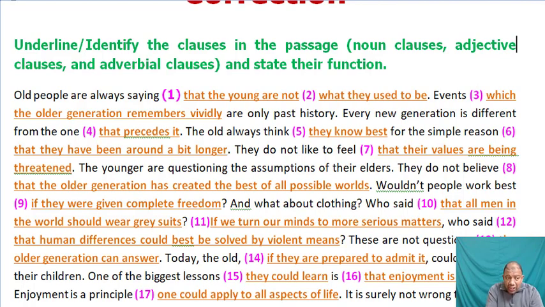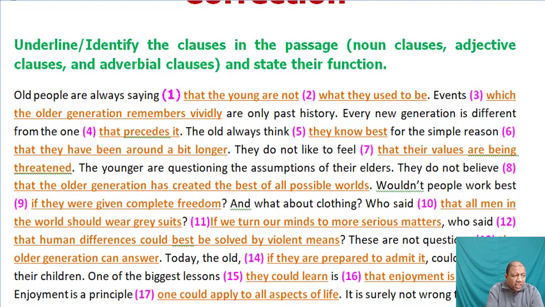Okay, so here, to feel that their values are being threatened, it's a noun clause as subject complement, concerning the verb to feel. It's not like that guides this noun clause. What is very important is the verb to feel, not the verb to like, because the noun clause is near the verb to feel.